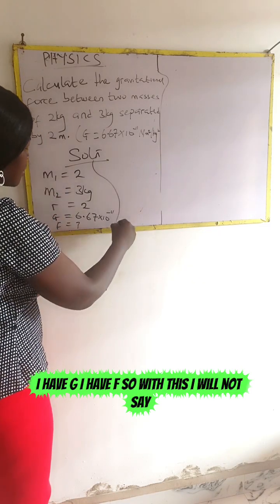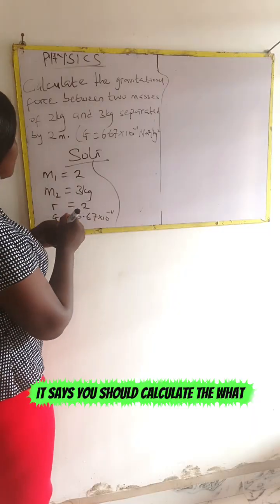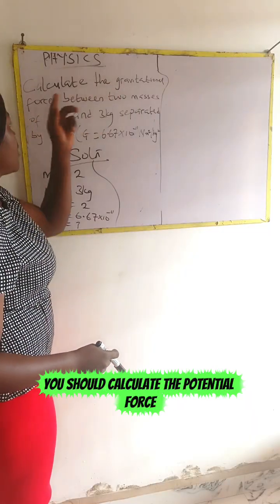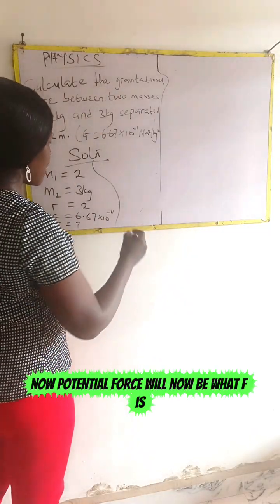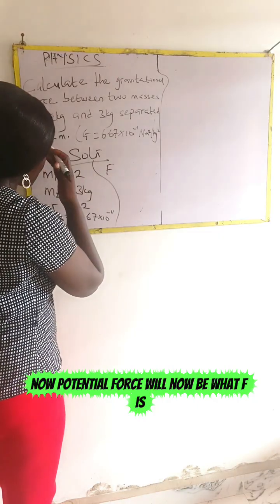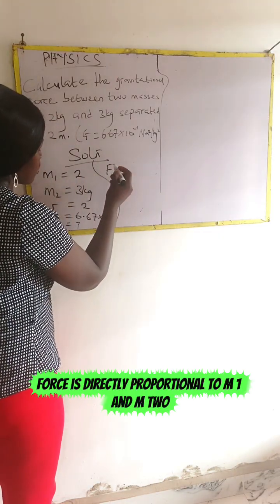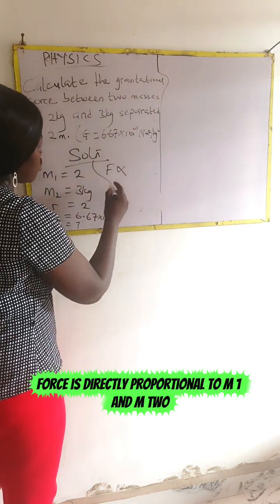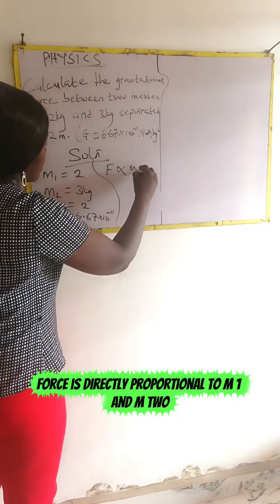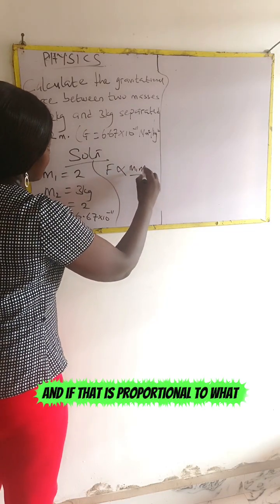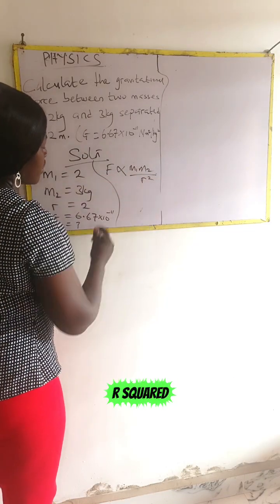So with this, I will now say, you should calculate the gravitational force. Now, gravitational force will be what? Force is directly proportional to M1 and M2, and inversely proportional to R squared.